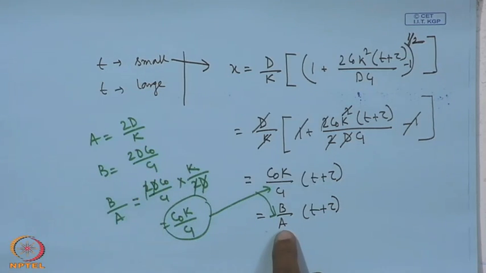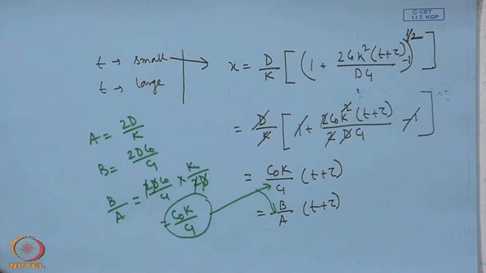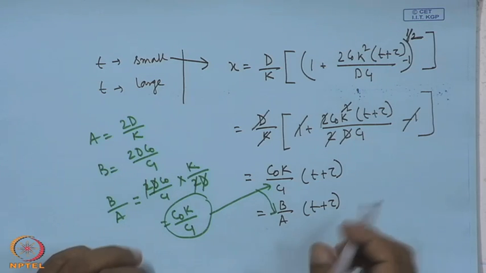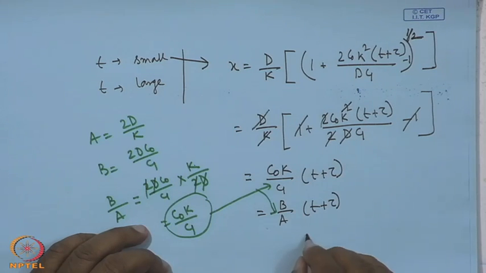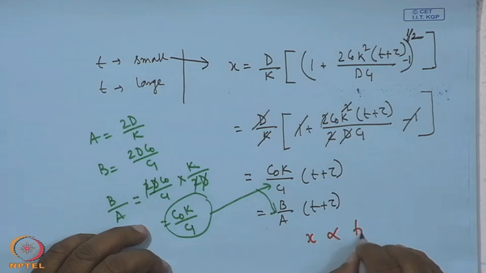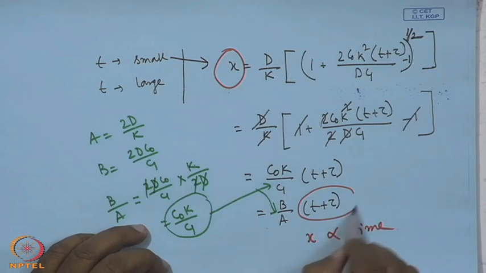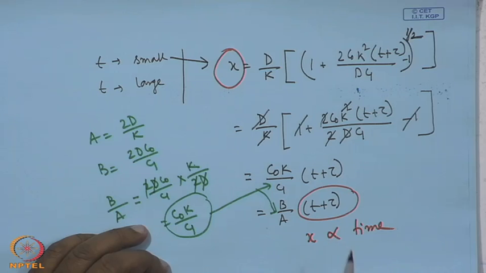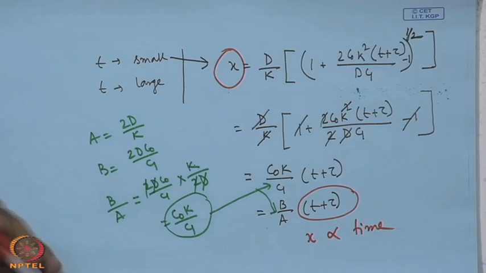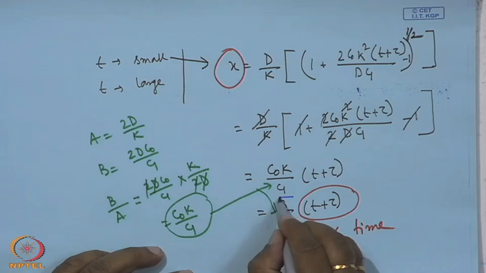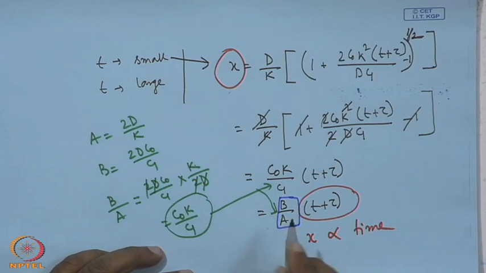This b by a is known as the linear rate constant, because this is a linear process. Here you see that x is proportional to time. As the time grows, thickness increases, and since it is a linear expression, this b by a can be termed as the linear rate constant.